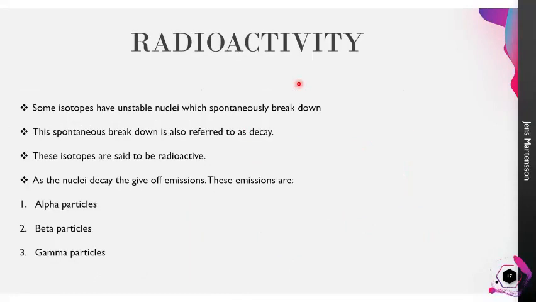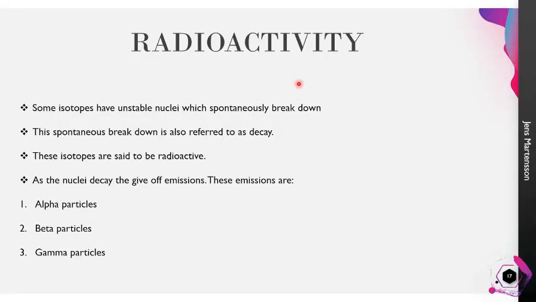Our next topic is radioactivity, and first we seek to define radioactivity. Remember that one of our first definitions was isotopes. Isotopes, as we remember from like 5 minutes ago, are atoms which have the same number of protons and electrons, however a different number of neutrons within the nucleus.